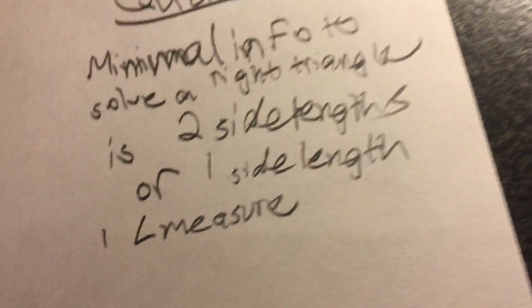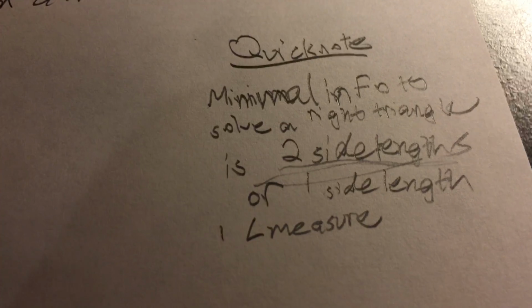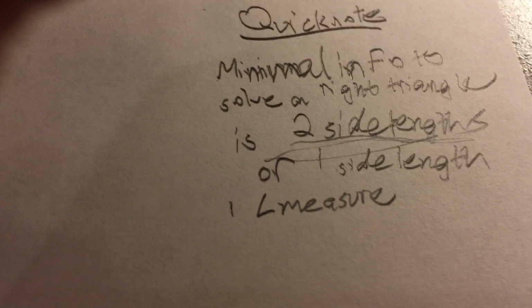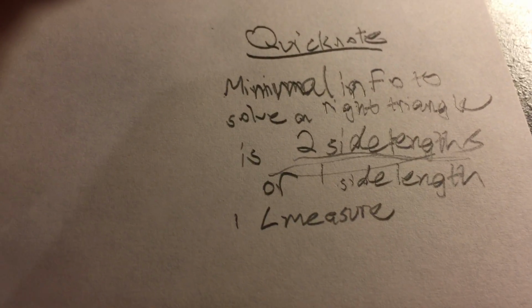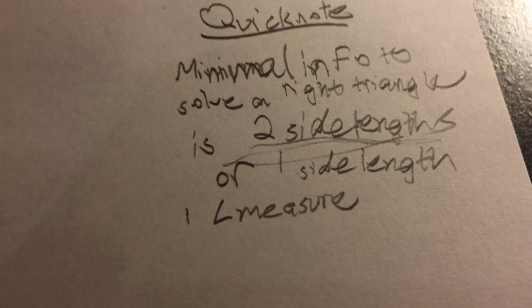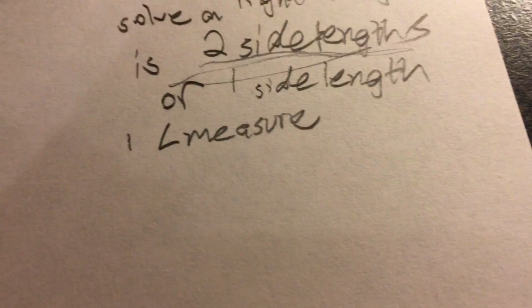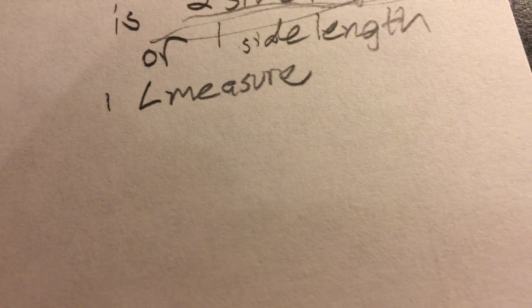Okay, so if you're going to solve for 2 side lengths, if you only have 2 side lengths, you can use the Pythagorean Theorem, and then you would use tangents to find out the angles. Remember that. Or if you have one side length and one angle measure, you would use the sine and cosine of this angle.